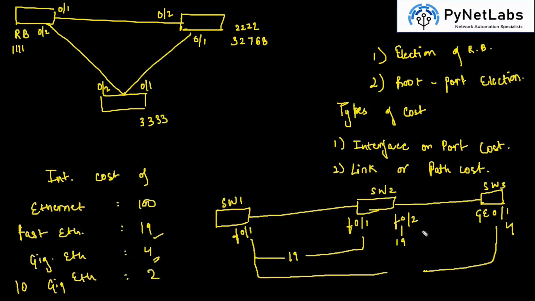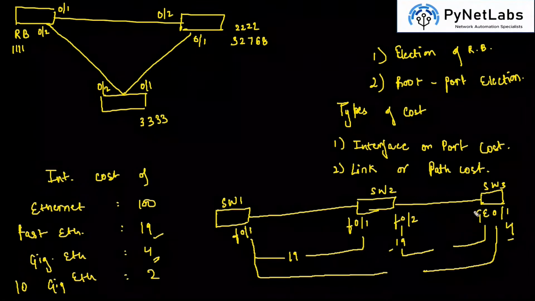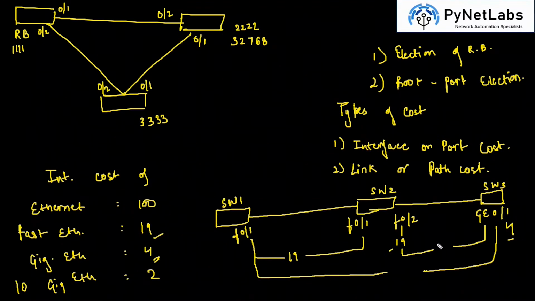Now the question which comes to my mind is what will be the cost to travel from switch 2 to switch 3? Shall we consider 4 or shall we consider 19? So the answer to this is that you just take the bigger one, or whatever the cost is greater on the ports, you will just take that. So we will consider 19 again. Make sense? And again the total cost will be 38.